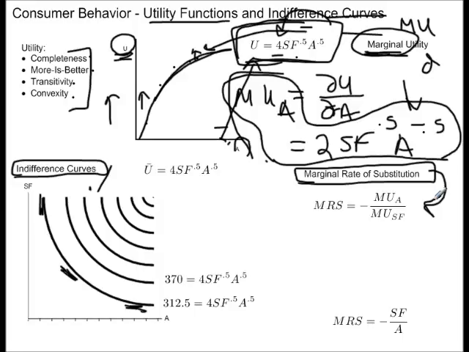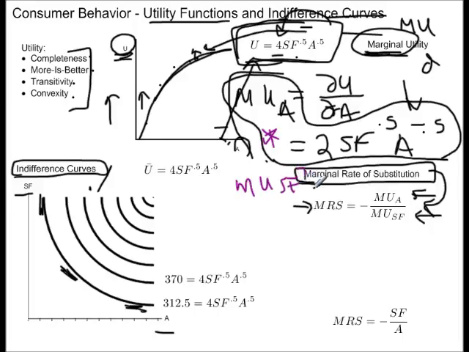So if I'm looking at star fruit and apples in this context with these two outputs, the marginal rate of substitution is the marginal utility of apples over the marginal utility of star fruit. What we did earlier was come up with an equation that described the marginal utility of apples. Could we also come up with an equation that described the marginal utility of star fruit?